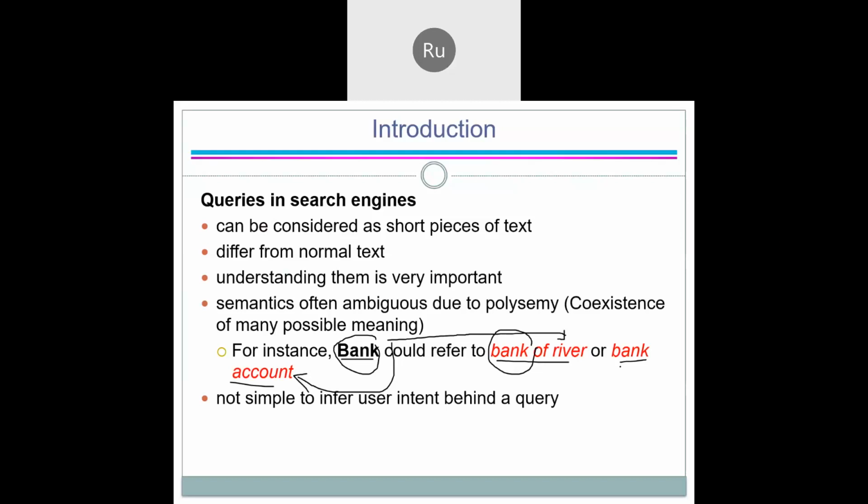So it's simple to infer user intent behind a query, because when you type in Google, they will try to predict what you want to type. So they will give you a list of suggestions for you to pick.